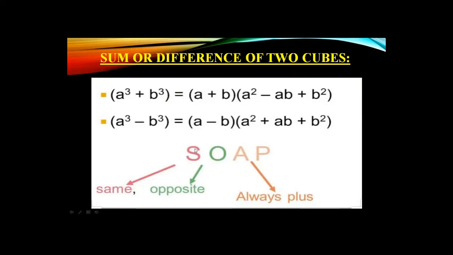This is the technique of the sign. If the formula is in plus, the SOAP: S stands for same, O stands for opposite, and AP stands for always plus.